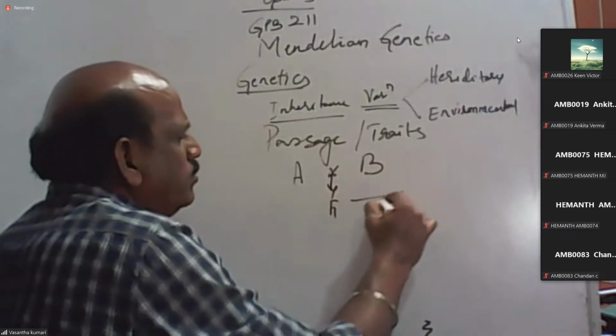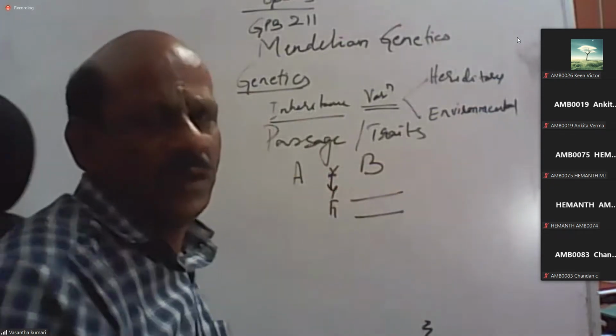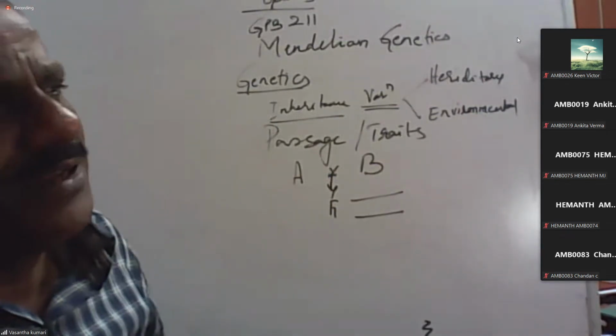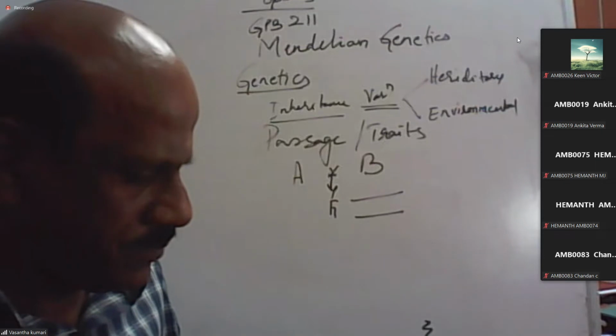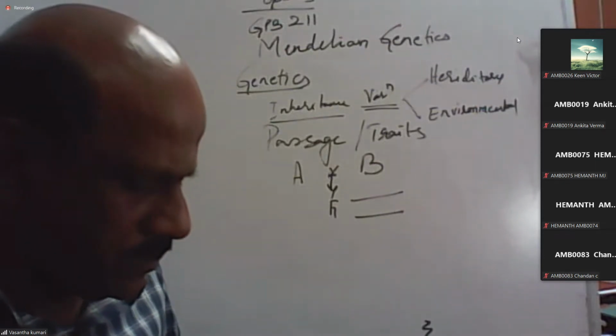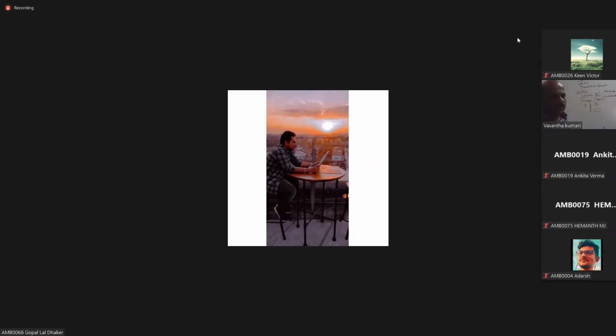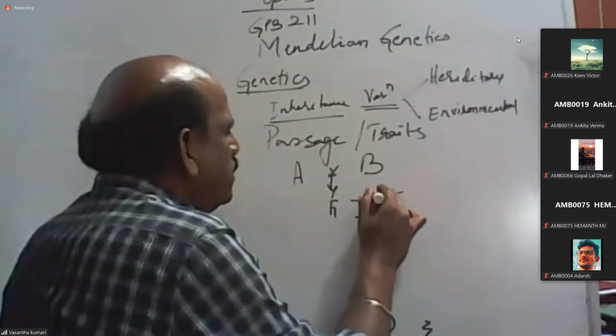In the F1, you have the chromosomes of A and the chromosomes of B. You have studied cytogenetics, right? Where are the genes located? On the chromosome, sir. Yes, you have genes located on the chromosome.